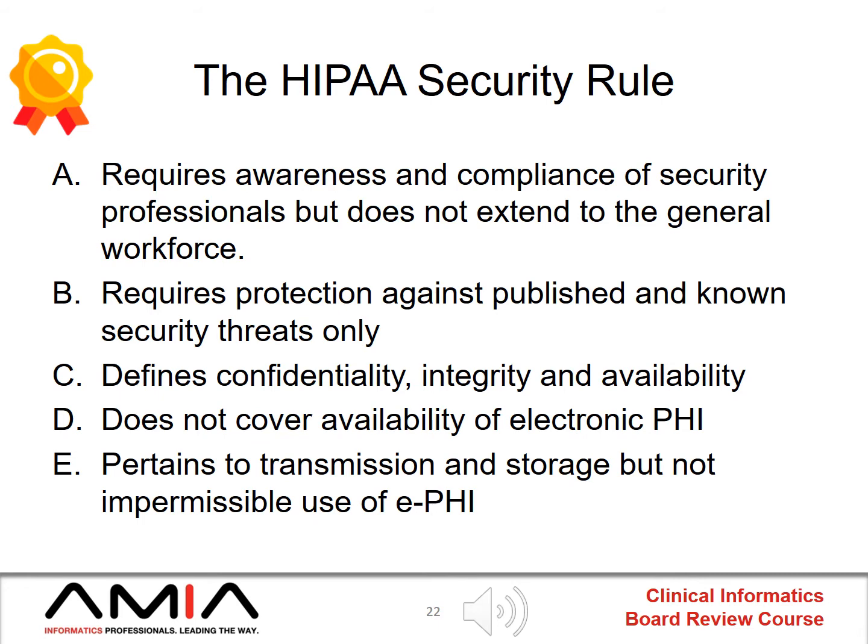B, requires protection against published and known security threats only. C, defines confidentiality, integrity, and availability. D, does not cover the availability of electronic PHI. And E, pertains to transmission and storage, but not impermissible use of ePHI.